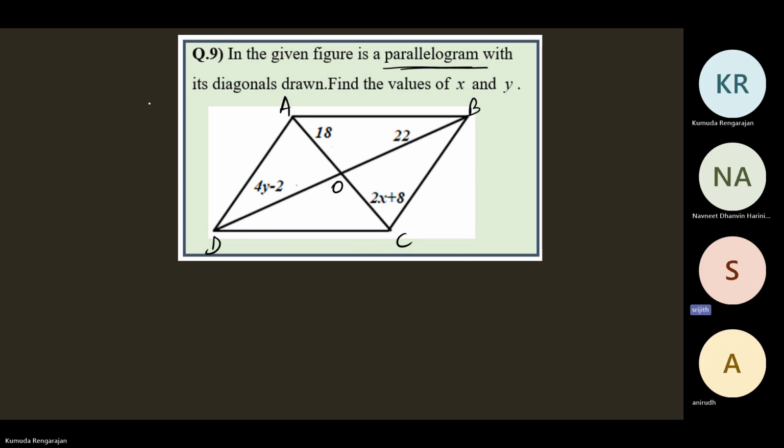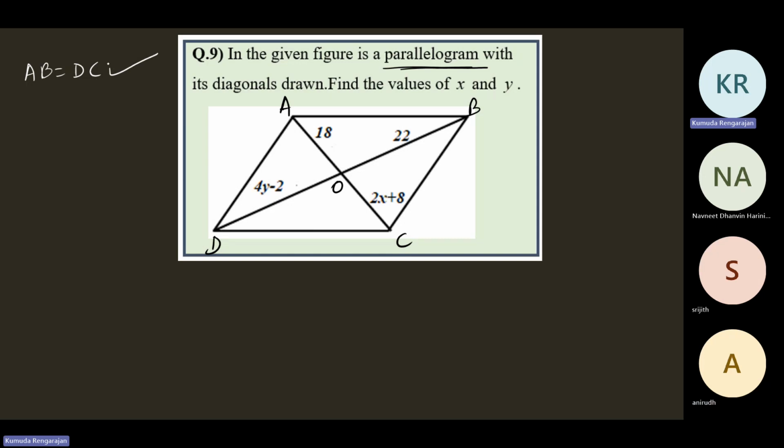AB is equal to AD, ma'am. No. AB is equal to DC, ma'am. Okay, AB is equal to DC. After this, what will you substitute? What is AB equal to? This property is correct.